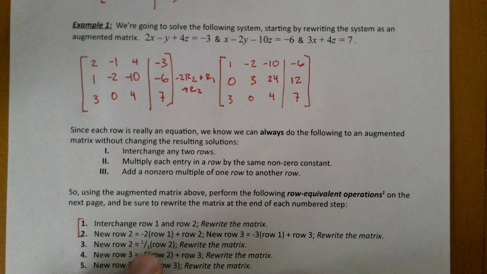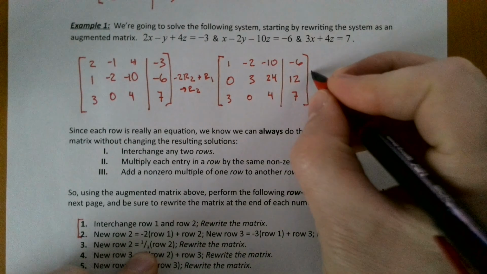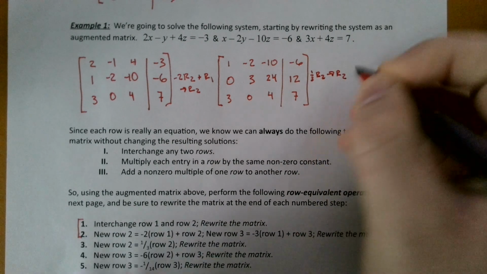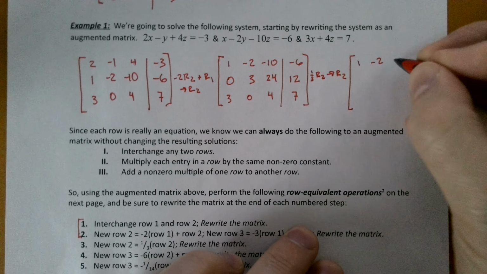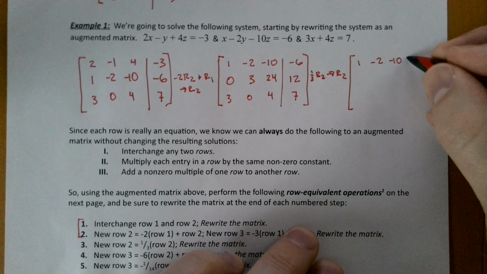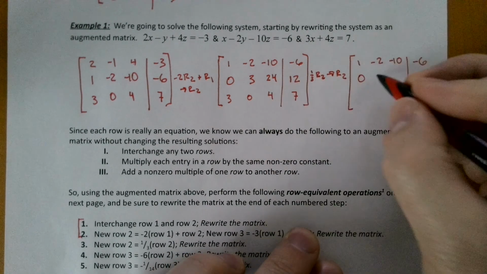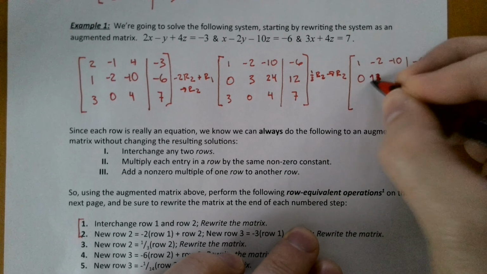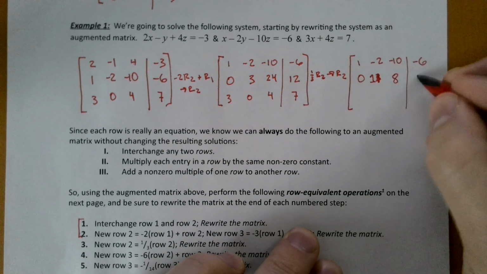We're then going to do 1/3 times this row 2, and I might as well just do that one real quick. 1/3 row 2 becomes the new row 2. You can see this is a little tedious if you're writing out all your steps because there's a lot of writing to do. So 1/3 times 3 is 1, 1/3 times 24 is 8, and 1/3 times 12 is 4.